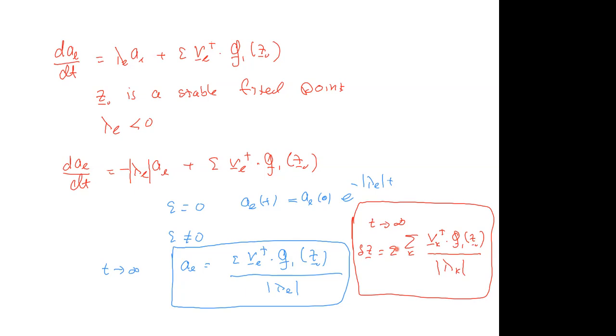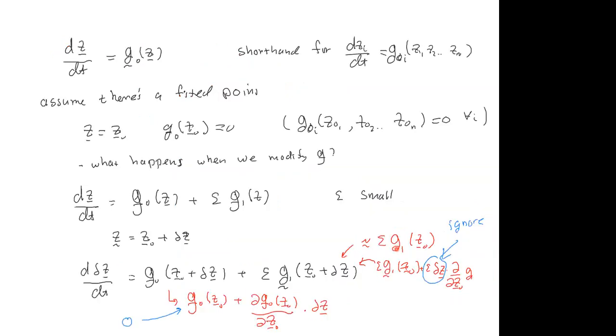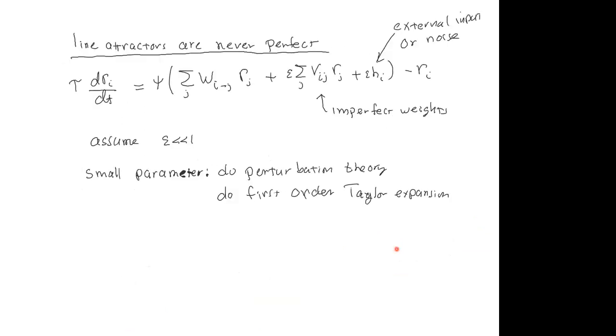Okay, so that was a bit of an aside. Remember, the equation we really want to solve is, so we started here. What I'm actually going to do is tell you what this has to do with our line attractor. So our line attractor equation is this, right?